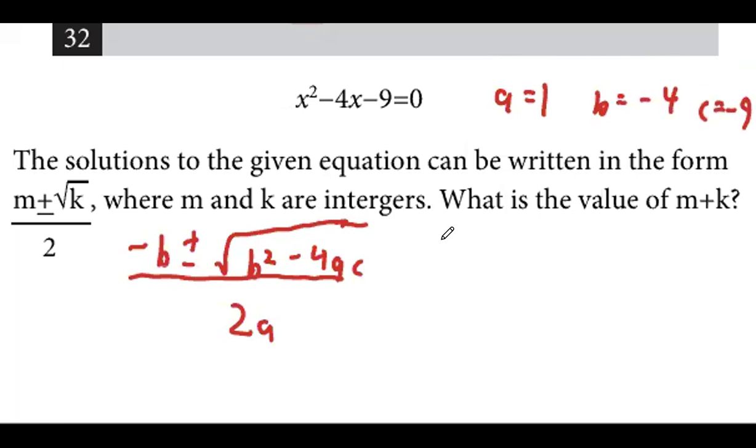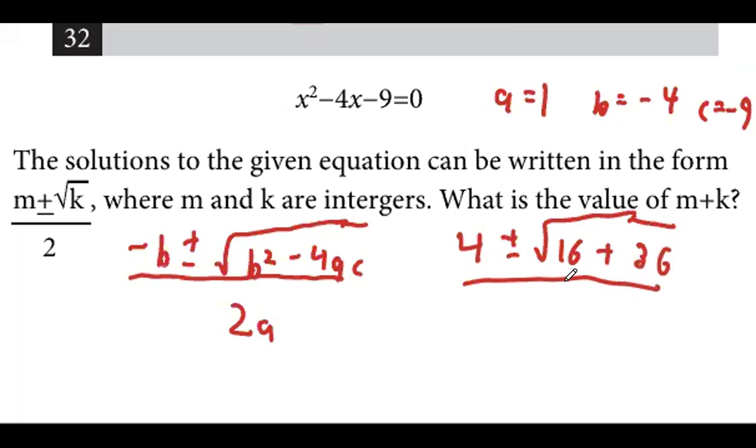So we would have 4 plus or minus root 16 plus, A is 1 and C is 9, so 9 times 4 is 36, so plus 36, 16 plus 36, all over A is 1, so just all over 2.